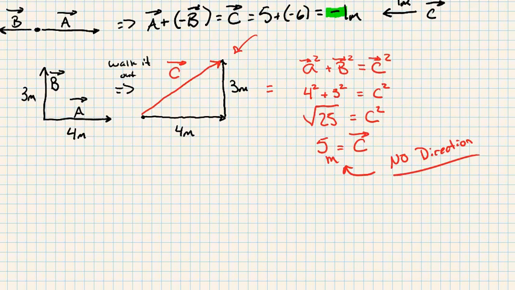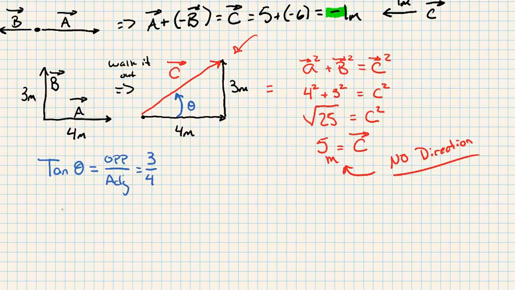So in order to get a specific value, we will try and get this angle right here, so we can get an angle above the x-axis. How do we go about getting that angle? Well, we can go back to our trig functions, and tangent of that theta has to equal opposite over adjacent, which has to equal 3 over 4.